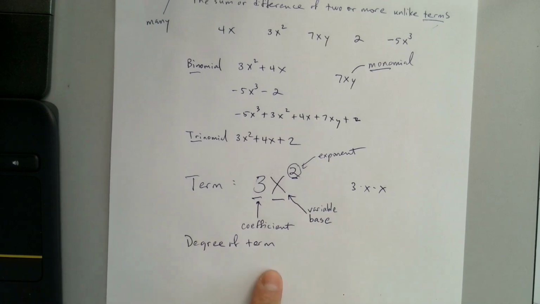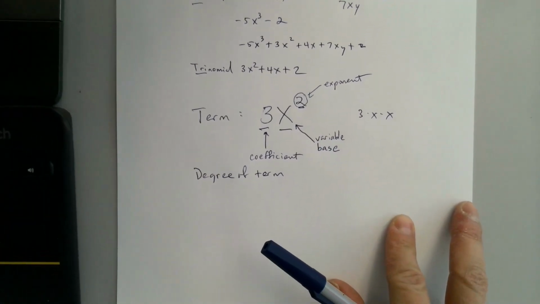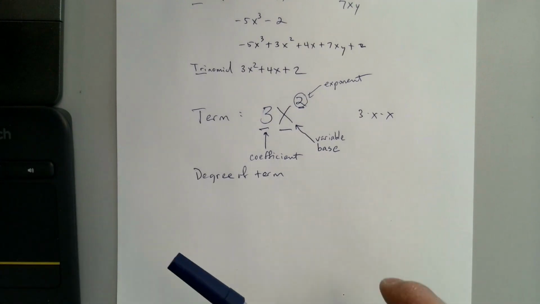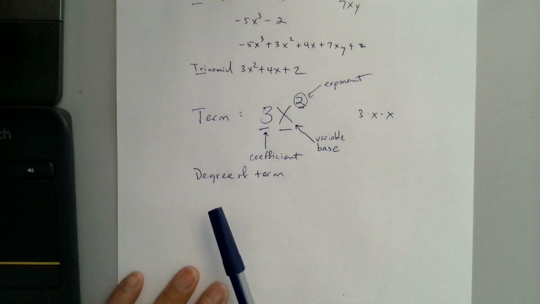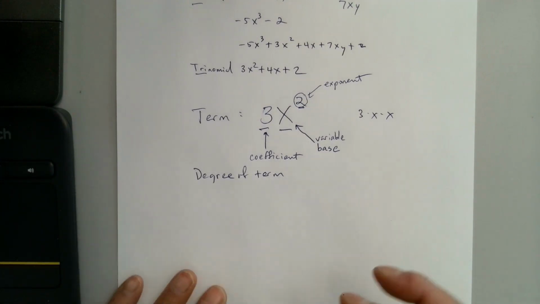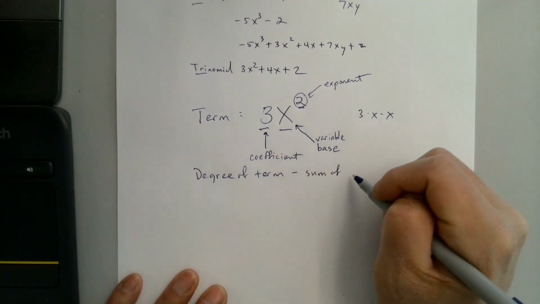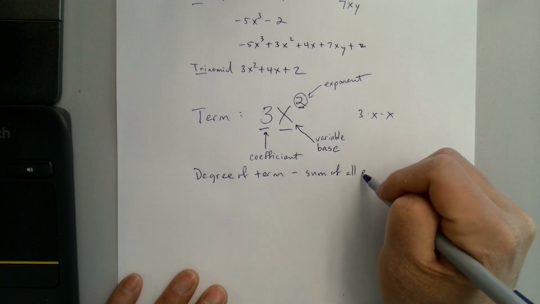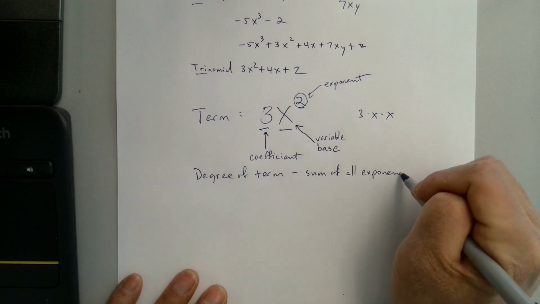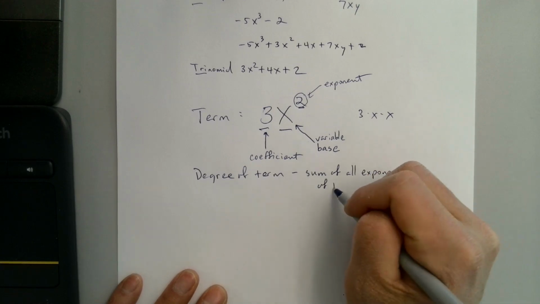Now every term has something called a degree. The degree of a term is the sum of all the exponents of the variables.